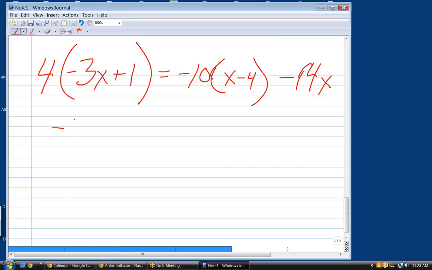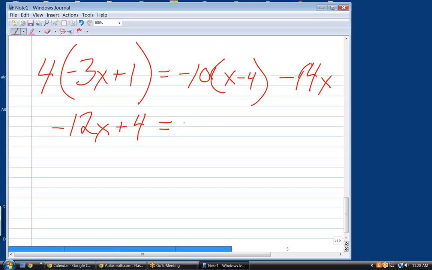Minus 12x. Okay, now what's positive 4 times plus 1? That would be 4. Okay, we need a plus sign in front of it. Now let's do a similar thing to the right side.